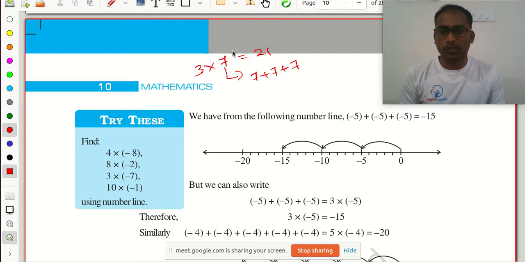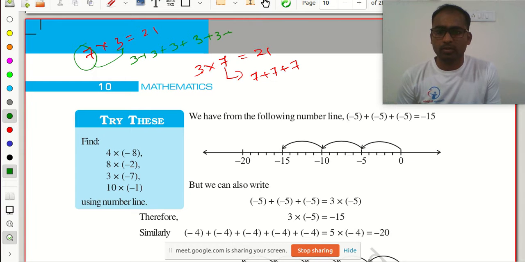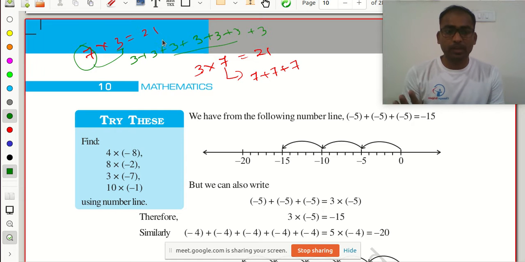Suppose 7 multiplied with 3 is equal to 21. Now what do I need to do? I need to add this 3 seven times: 3 plus 3 plus 3 plus, and so on. Then I will get the result. So this is the meaning of a multiplication.